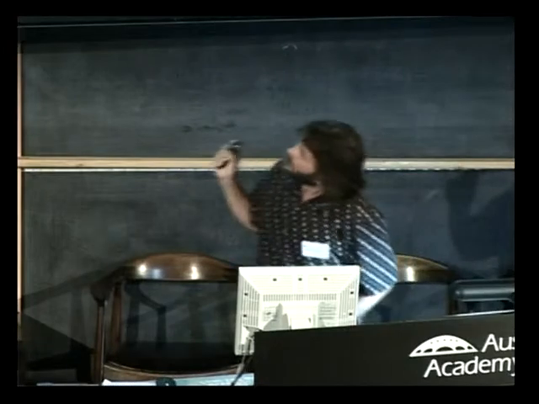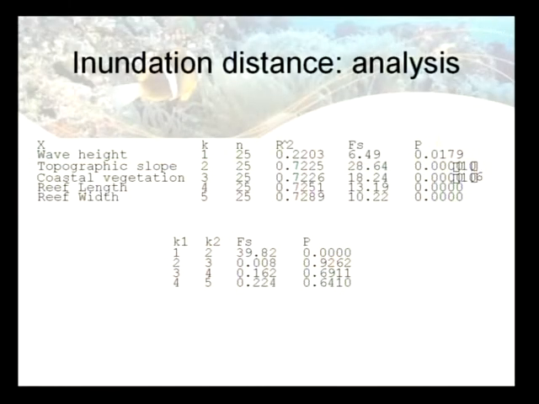Now, this is the results of the analysis, and again, very similar to the previous analysis. Two variables were very important in explaining inundation distance. Those two variables were wave height at the coast and the topographic slope. And the slope to 20 metres was the one that explained the inundation distance most effectively.